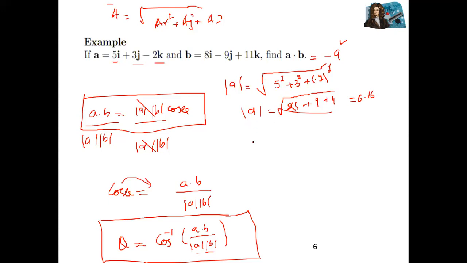Same, find B magnitude. For B magnitude, again we have the formula: x component square, y component square, and z component square. Where 8 square is equal to what? 64. 9 square is 81, and 11 square is 121.